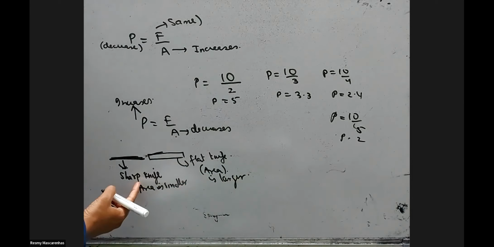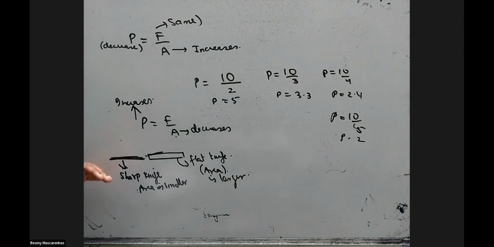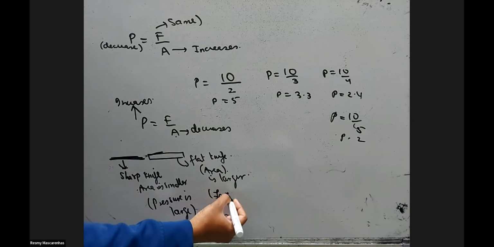So what is going to happen? Smaller the area, with the force kept the same. Suppose you are trying to apply the same force on both the knives. What is going to happen here? Pressure is bigger or large. Here, less pressure.